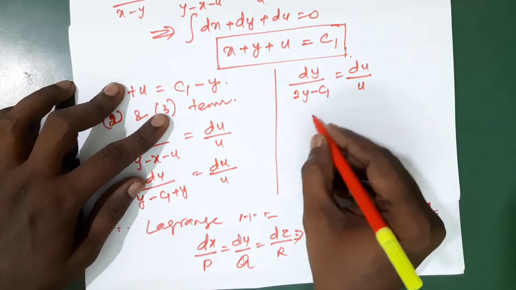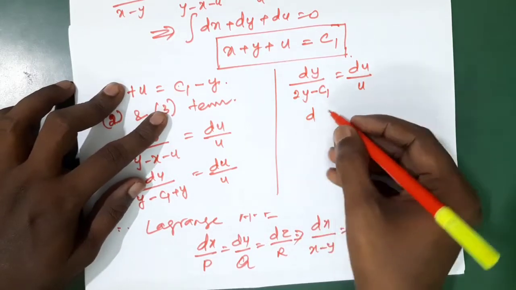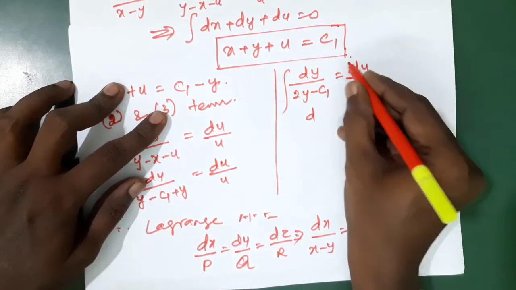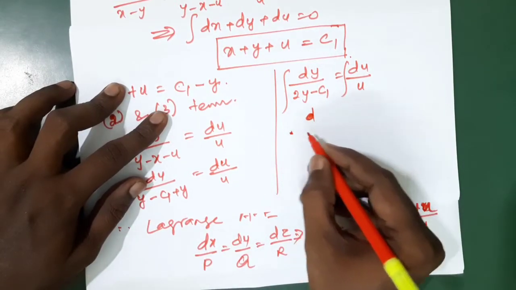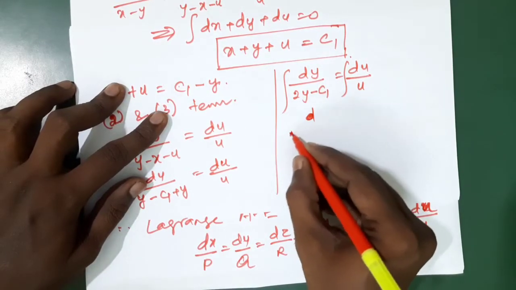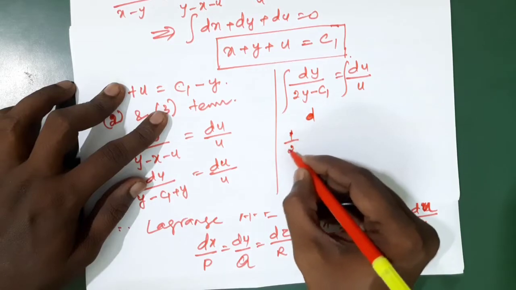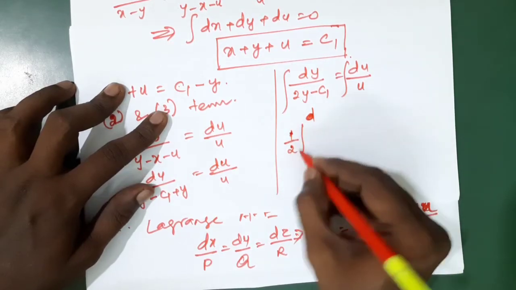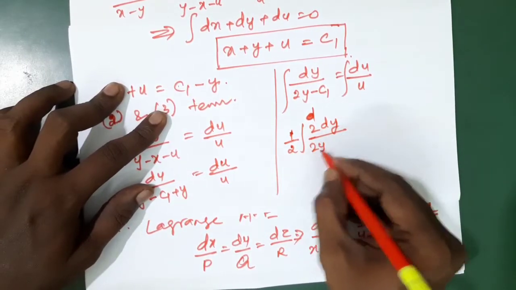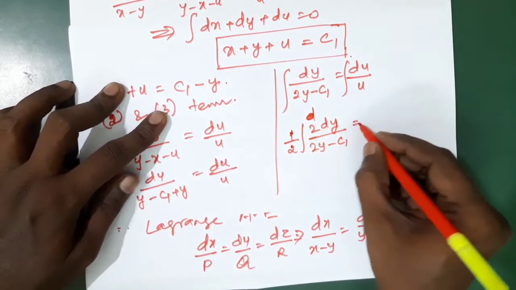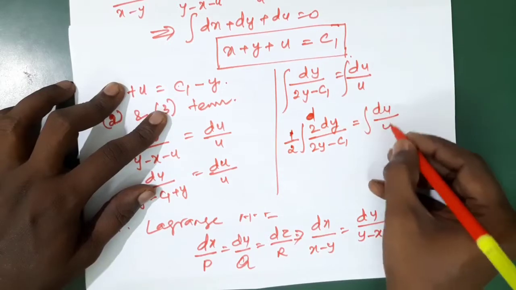Integrating on both sides, we have 1 by 2 integral dy by 2y minus c1 is equal to integral du by u.